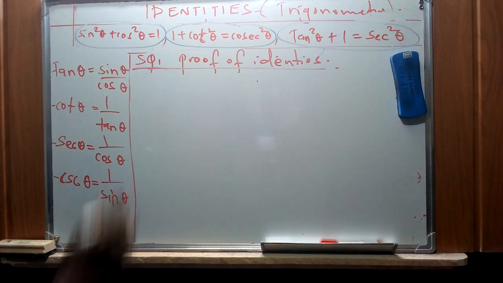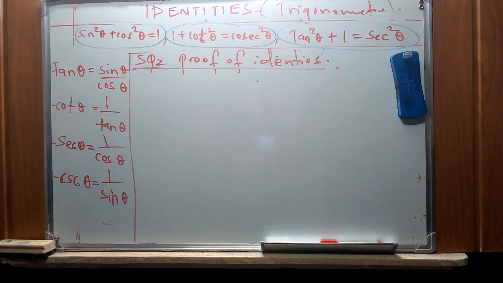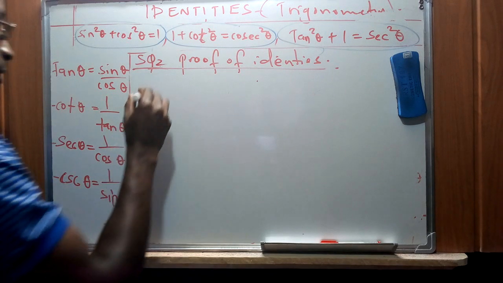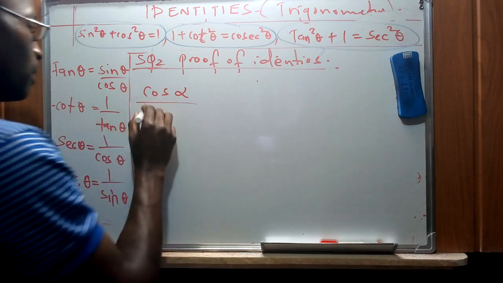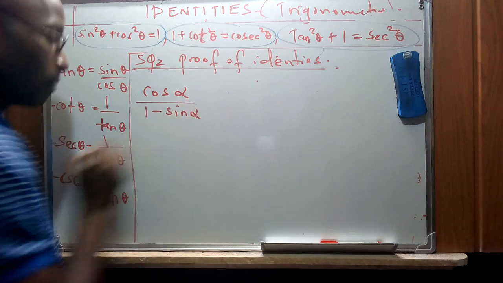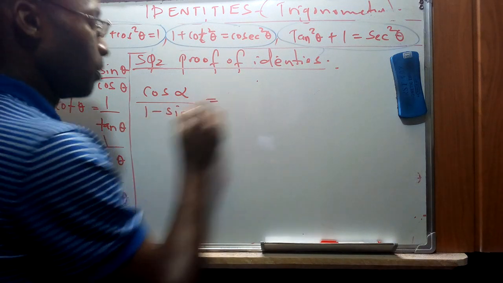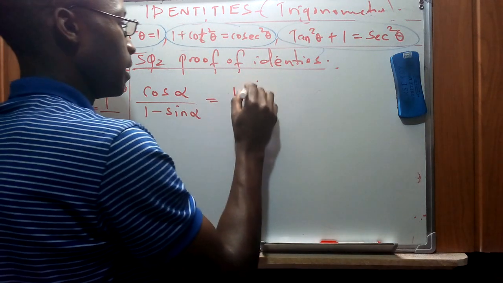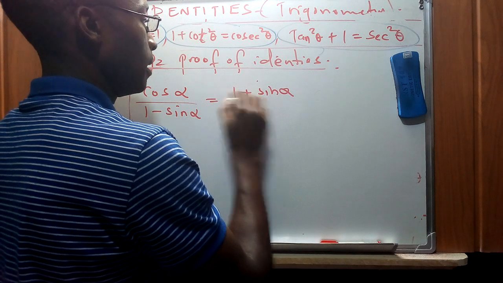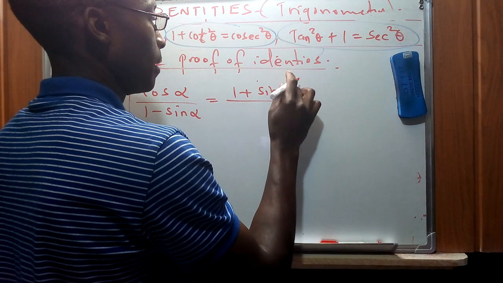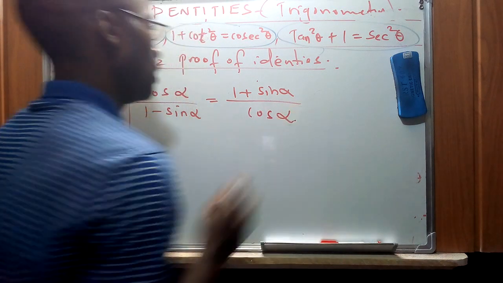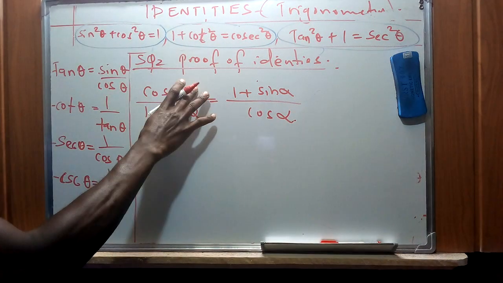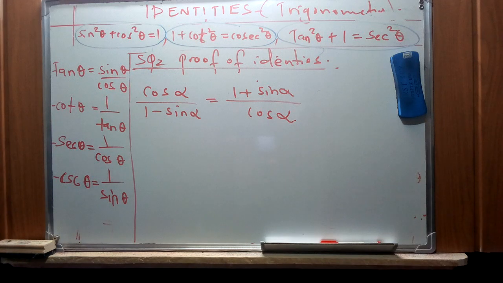So I just have sample question 2, which states that the cosine of alpha over 1 minus the sine of alpha is equal to 1 plus the sine of alpha all over cosine of alpha. We are trying to prove whether this first part of the expression is equivalent to the second one.